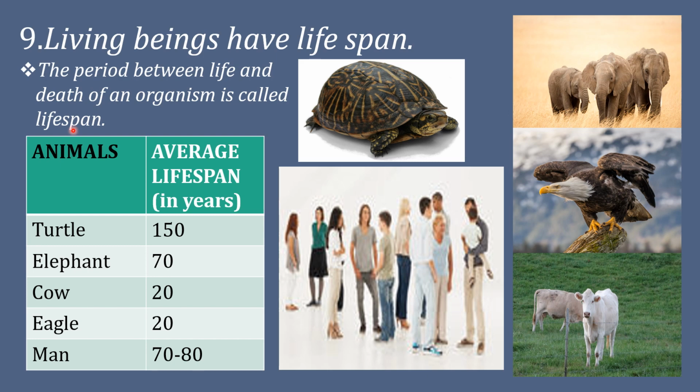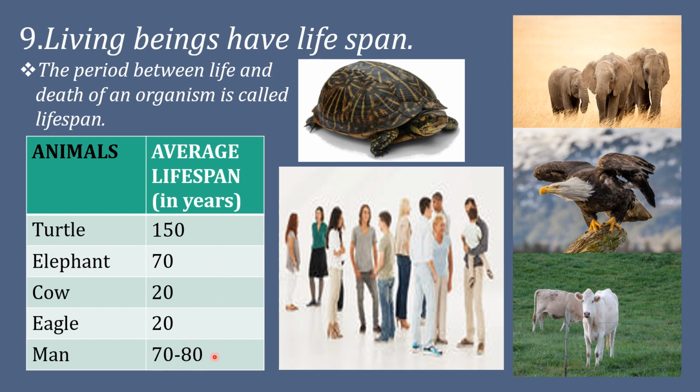The average lifespan of some animals is given below. Observe the table here. Turtle 150 years, elephant 70 years, cow 20 years, eagle 20 years, man 70 to 80. This is approximately what they have given, children.